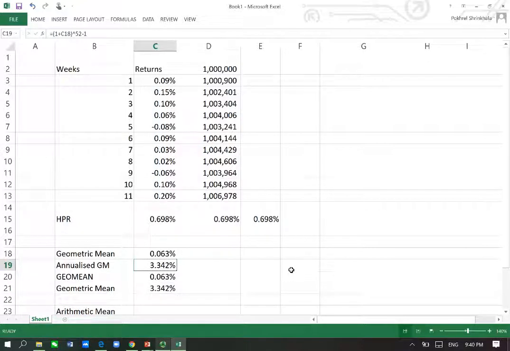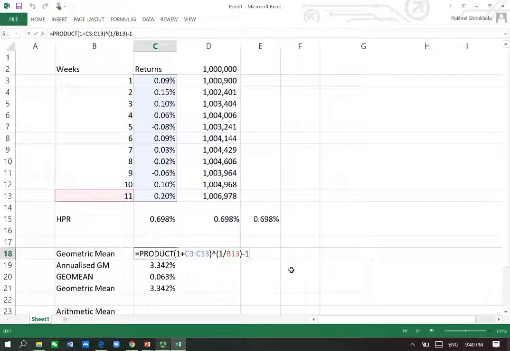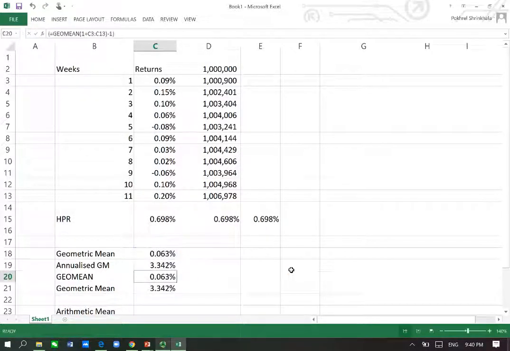So different ways. So in this one we worked out the weekly first, and then found the annualized one. Okay, an alternative, which is Microsoft's inbuilt function, geomean, is what we did here, in which we do not need to apply the 1 over n function.